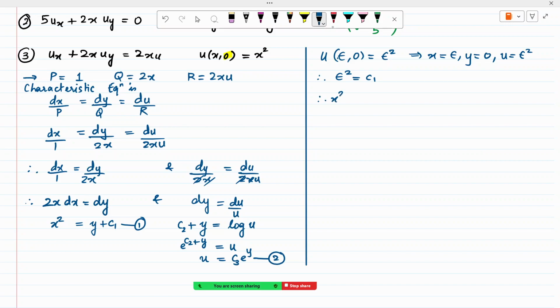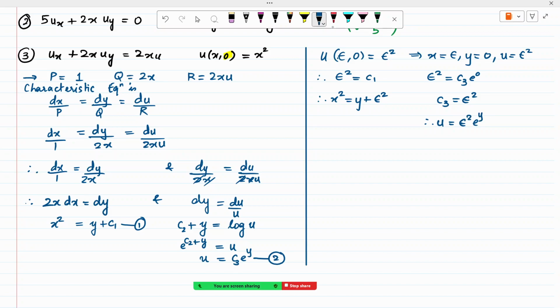So equation 1 becomes x square is equal to y plus epsilon square. In equation 2, when I put u as epsilon square and c3 e raised to 0, it becomes c3 is again epsilon square, which means u is equal to epsilon square times e raised to y.